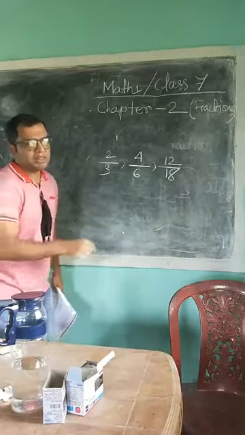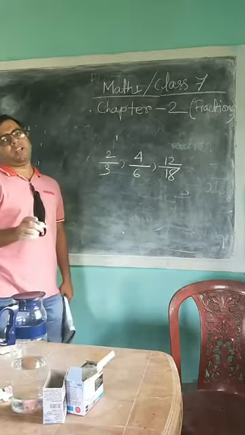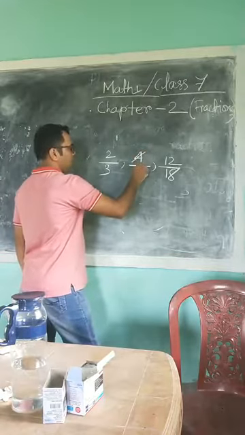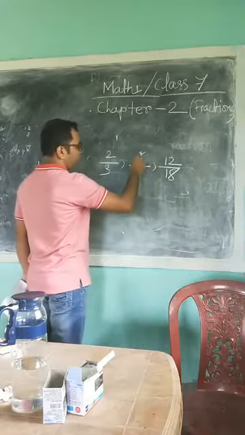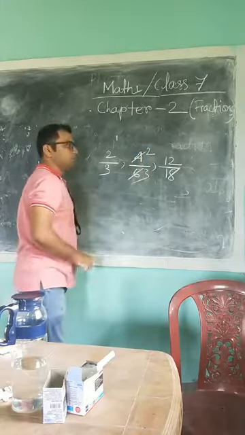What are the similarities between these three fractions? If you look closely, if we divide these two numbers by 2, we will get 2 by 3.